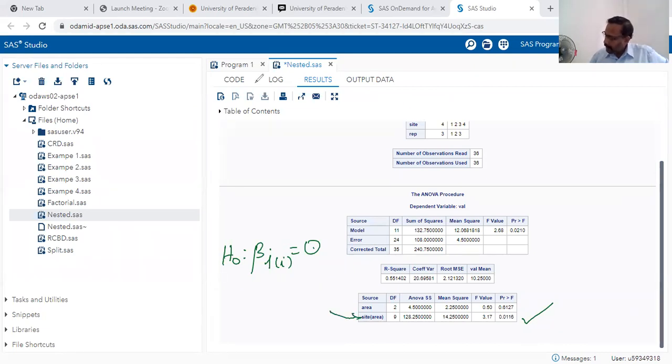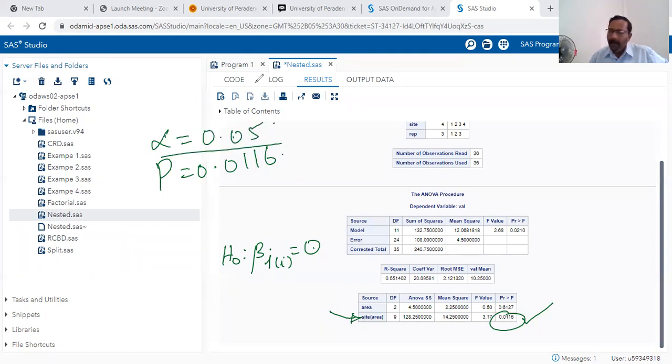Here, the site within the area. So what is the p-value? The p-value is 0.0116. If you take alpha value as 0.05, what can you say about the effect of site within the area?